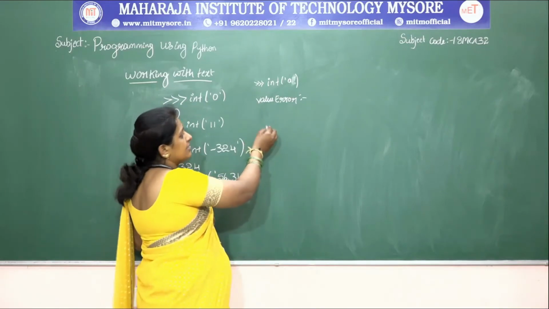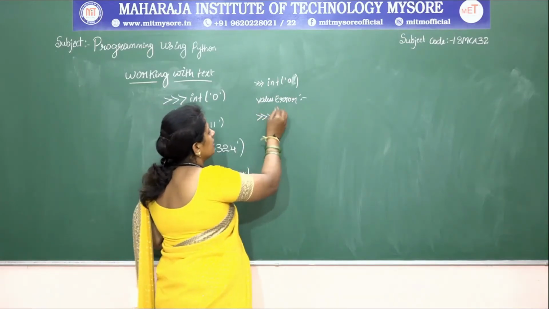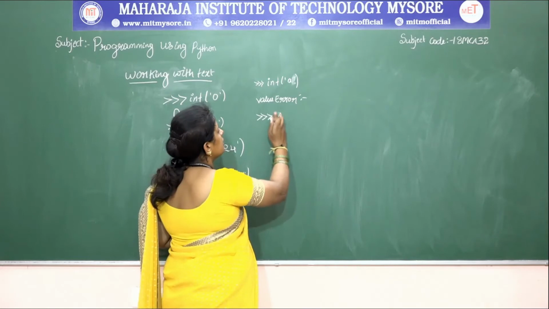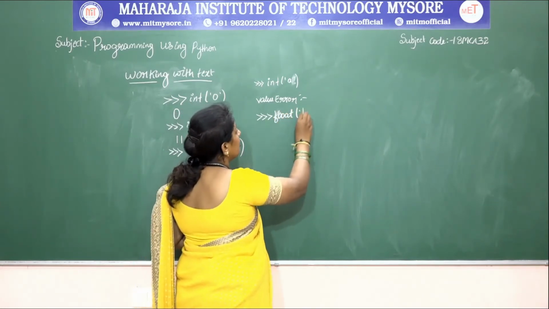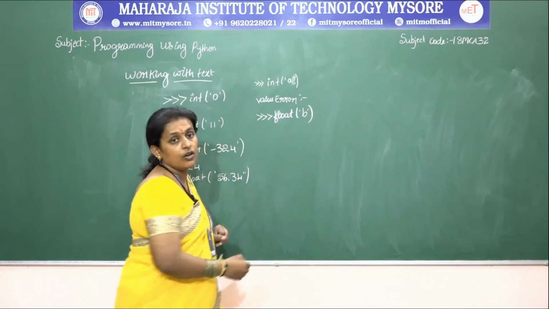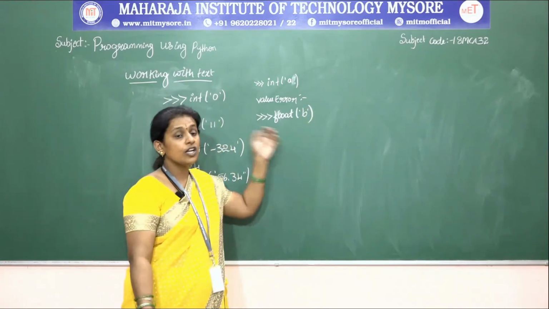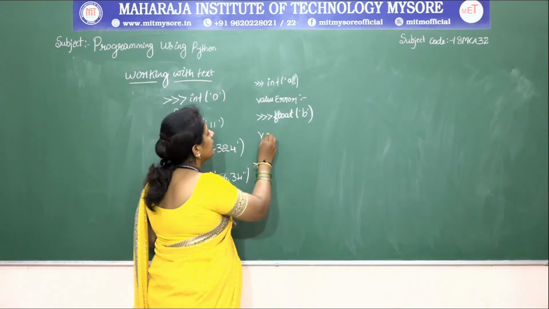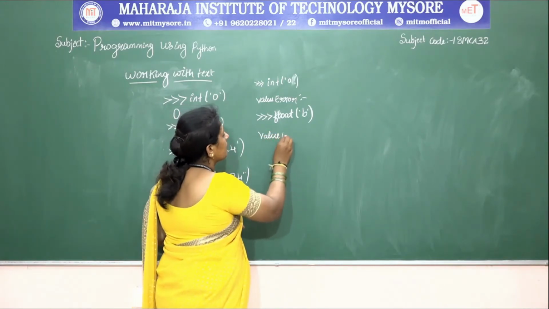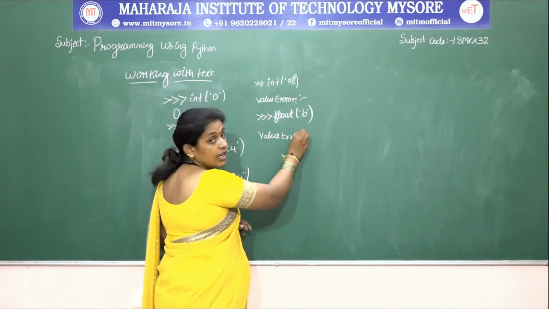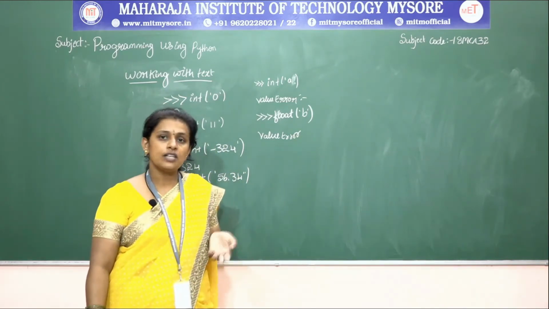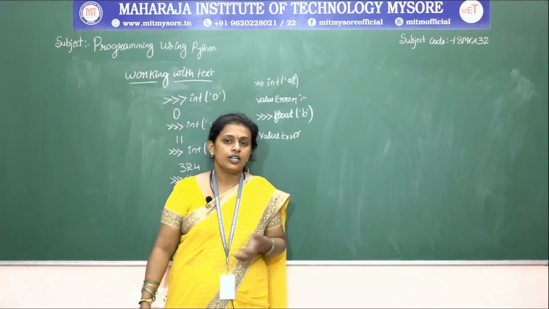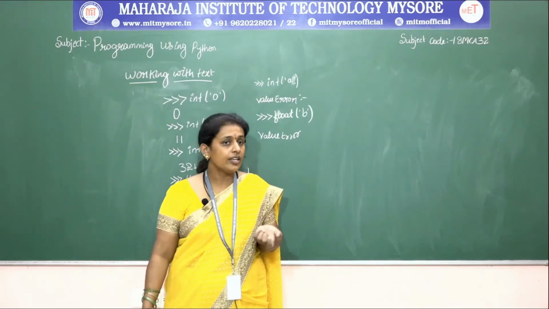When I execute the same function with respect to float, float of "b", in that case also I will get a ValueError. And this time it tells that it could not convert string to float: 'b'.